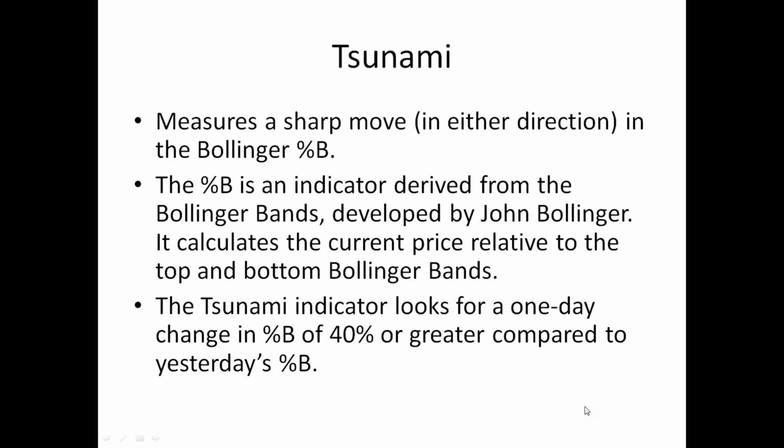The middle band defaults to a 20-day standard moving average. You can make that whatever you want in HGSI, but the standard Bollinger Band has a middle band of a 20-day SMA. The upper band is plus 2 standard deviations above that, and the lower band is minus 2 standard deviations.